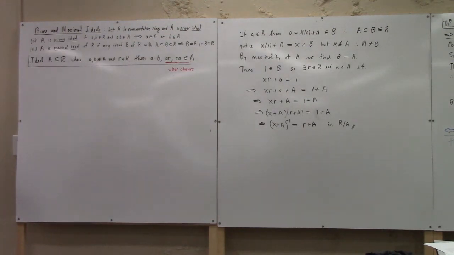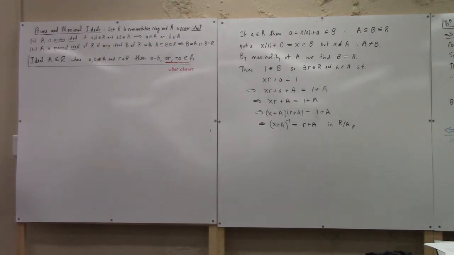So, for example, in the integers, an example of an ideal is just multiples of n. Like nZ is an ideal in the integers. We have these principal ideals where we just take multiples of an element in the ring.